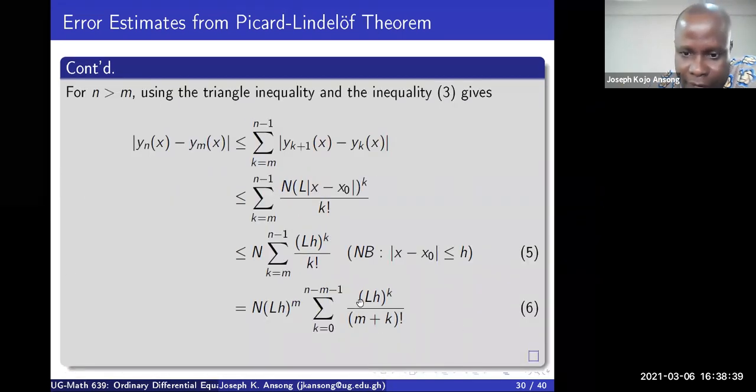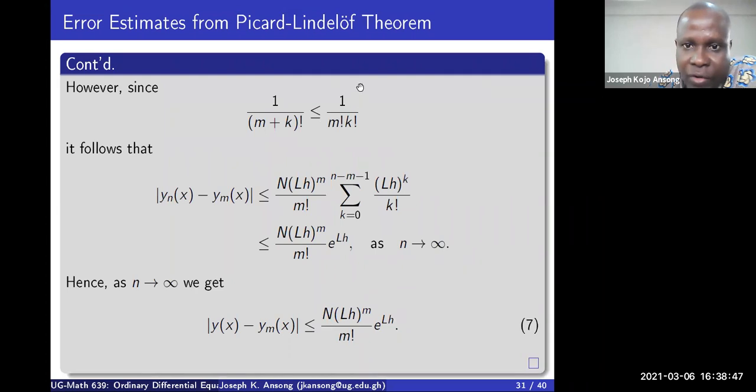Now, this is like this multiplied by 1 over (m plus k) factorial. But 1 over (m plus k) factorial is less than or equal to 1 over m factorial k factorial. So you're going to use this inequality here.